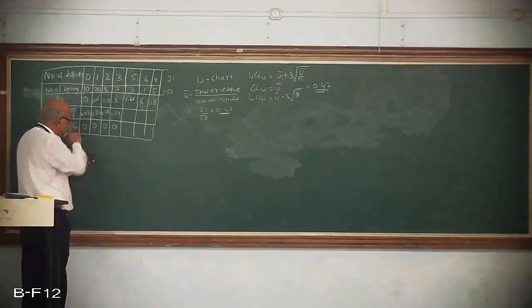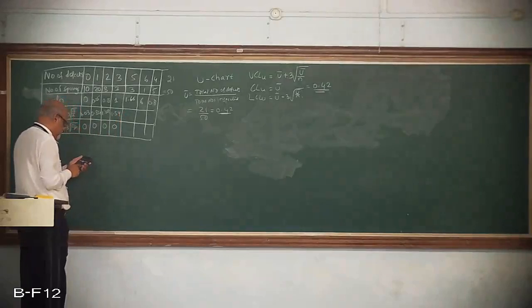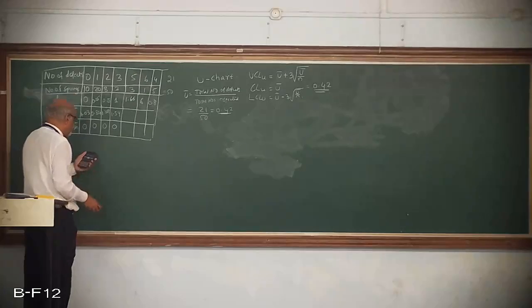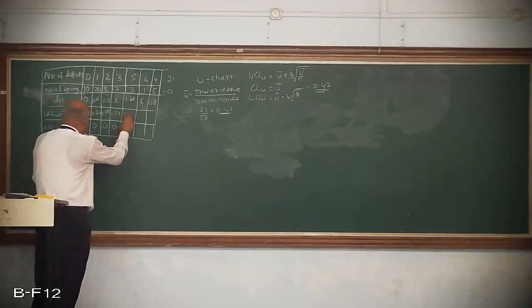Similarly, for this one, it is 0.42 divided by 3, and its square root 0.374 multiplied by 3. This is 1.12 plus 0.42, 1.54, and again this is 0.